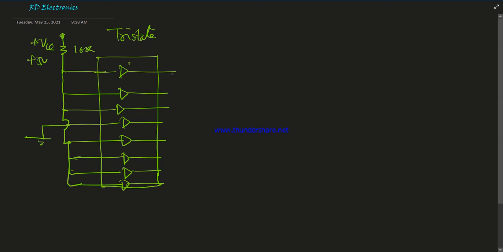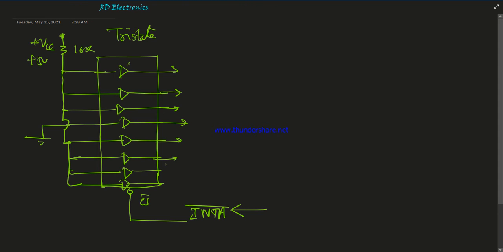So what is the output? There is one chip select pin available, and this chip select pin is connected to INTA bar. This INTA bar is coming from the 8085.